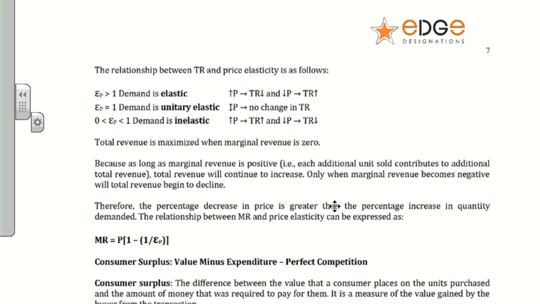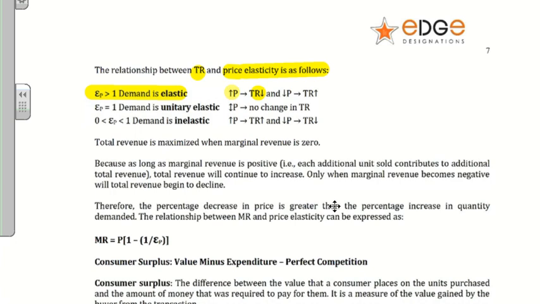Let's have a look on top of page 7. The relationship between total revenue and price elasticity is as follows. Remember, guys, we have got 3 different types of elasticity. When my elasticity is greater than 1, it's highly elastic. Prices go up, revenue goes down. Why does revenue go down?